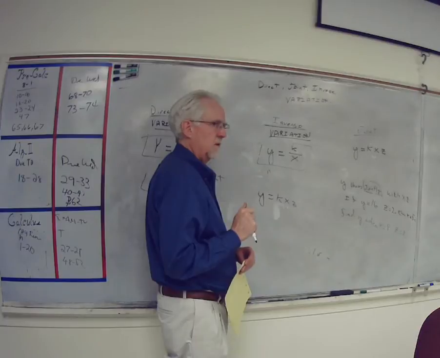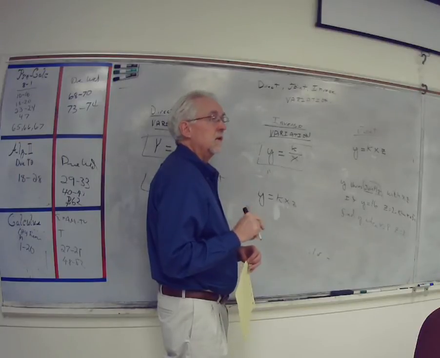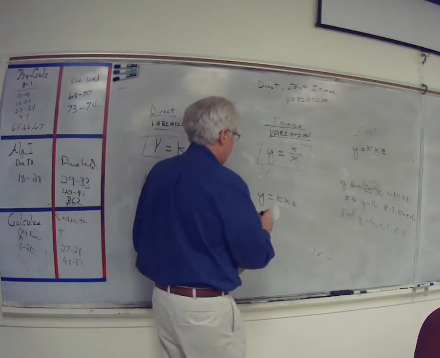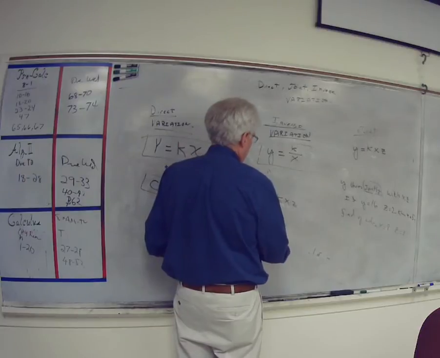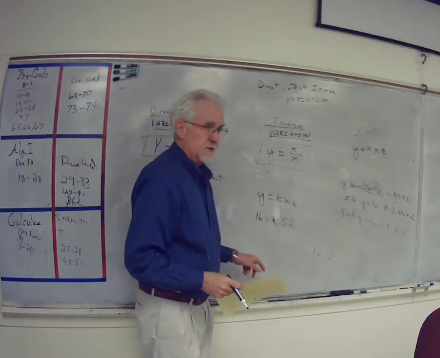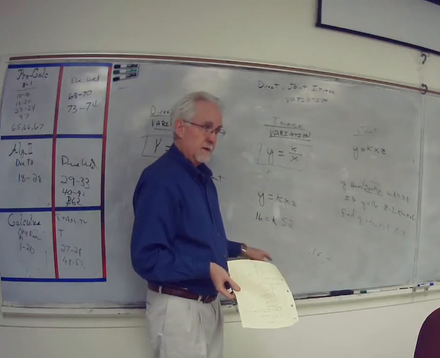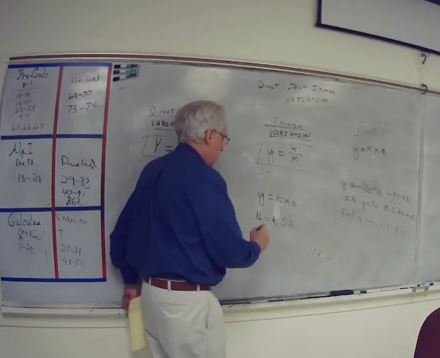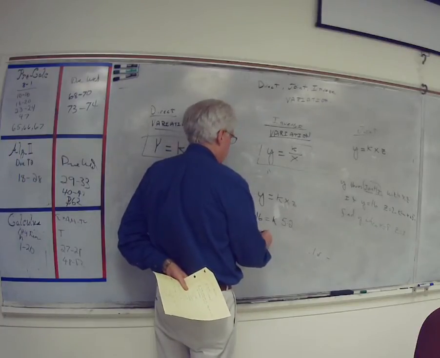Sure. Okay, Logan, what would you do now? You put in the numbers that were given. So you would say 16 equals k times 5 times 2. And you're doing that because you're trying to find what? K. So what would k be equal to, Kelsey?